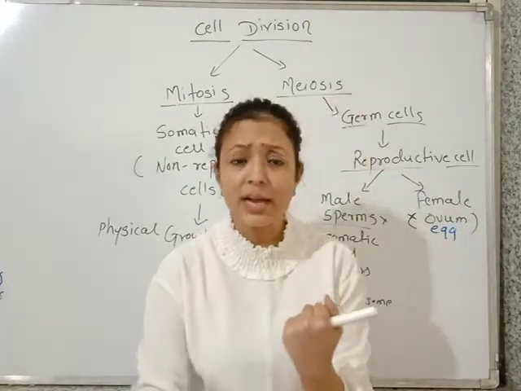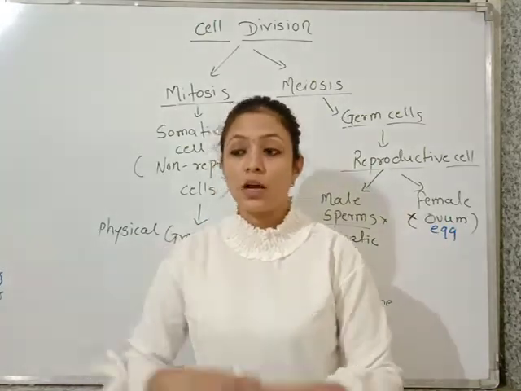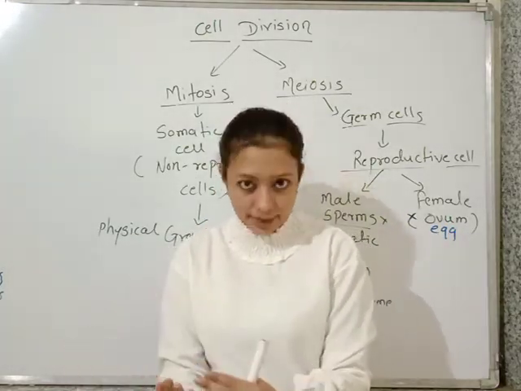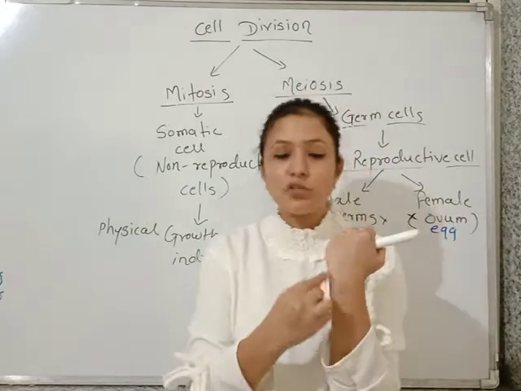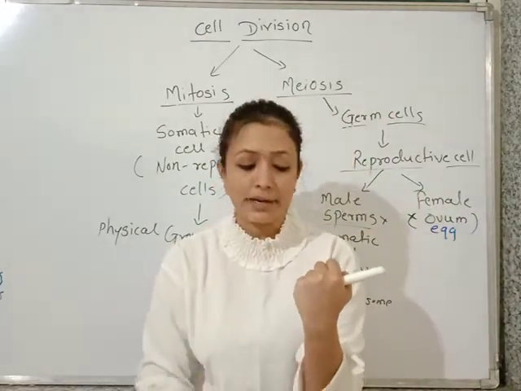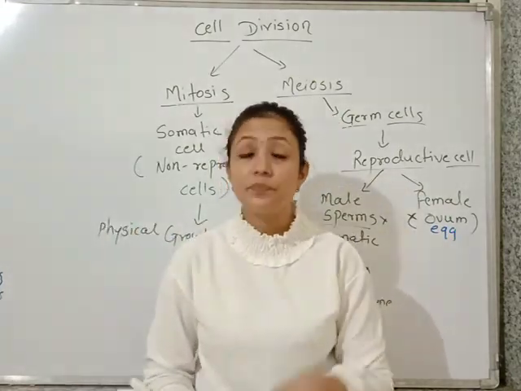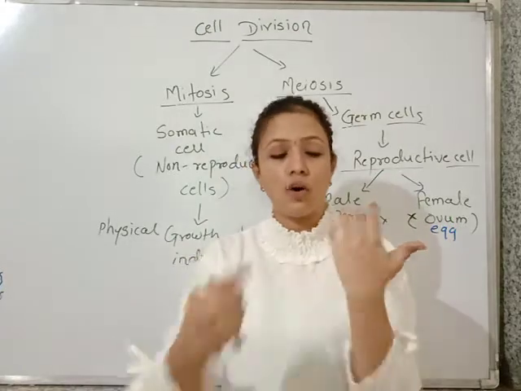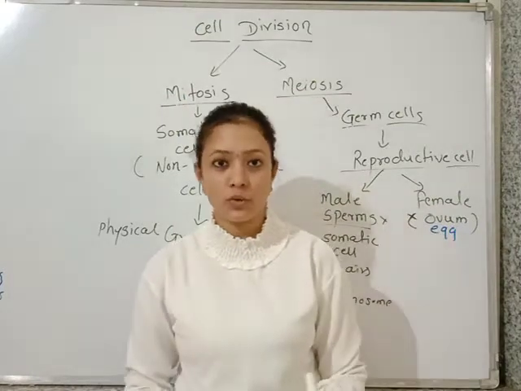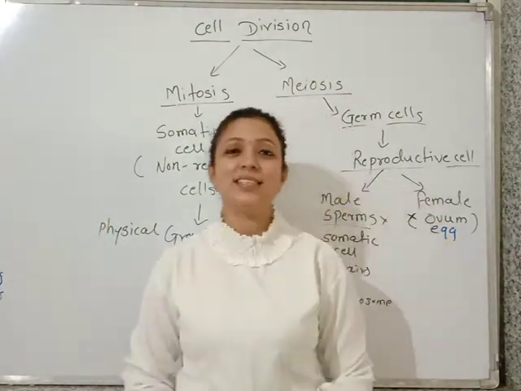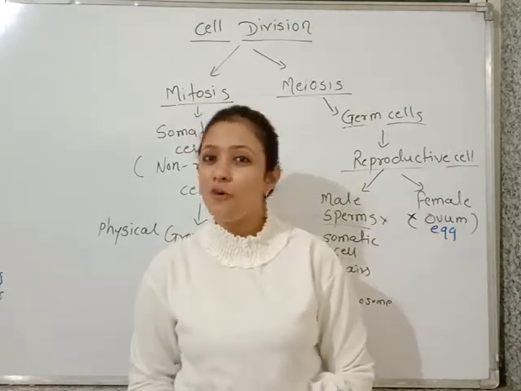Whether it is a burn, a cut, or any other damage to your somatic cells, that wound automatically heals due to mitosis. New cells form at the damaged part, and a new layer of skin comes there. It is due to the cell division of that particular area's cells through mitosis. So what is the significance of mitosis? First, physical growth, and second, as I told you, the repair of the body.